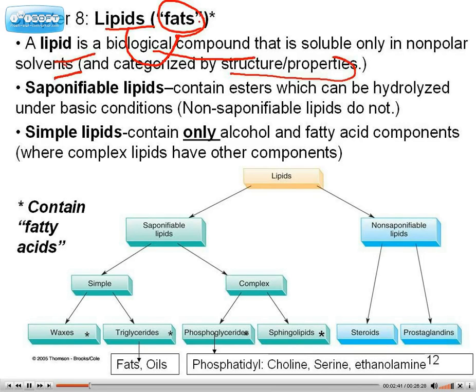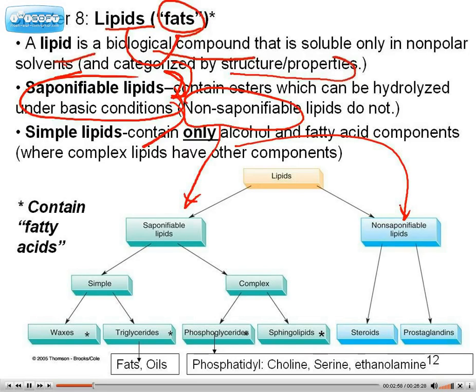So we're just going to be looking at fat molecules. The first category is saponifiable lipids versus non-saponifiable lipids. So let's go through those general categories.